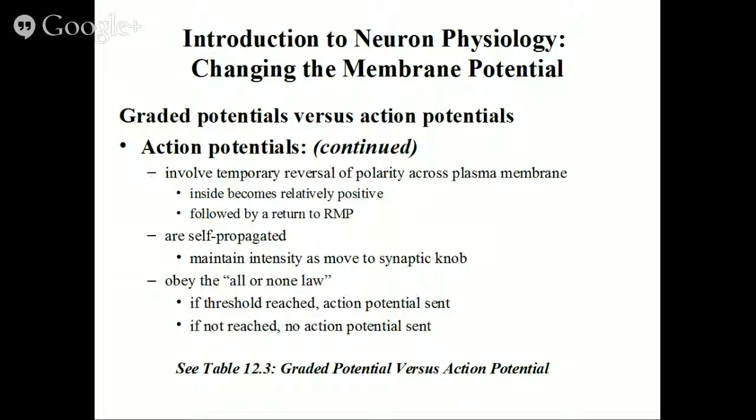Here's something that's very key to understand. Action potentials involve temporary reversal of polarity across the plasma membrane because the inside becomes relatively positive, followed by a return to resting membrane potential. What they're saying is that when you create an action potential, you're changing the polarity of that cell membrane, because you're taking what's positive and sticking it inside of the cell where things are normally negative.